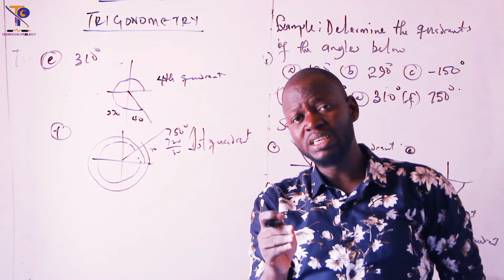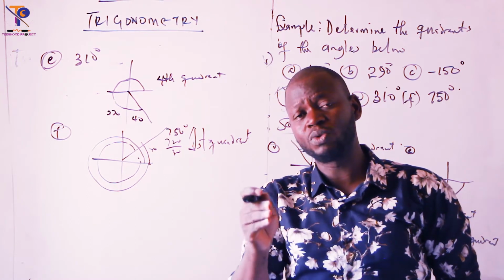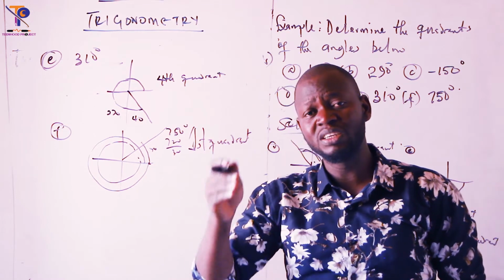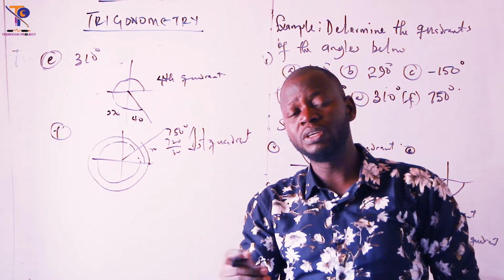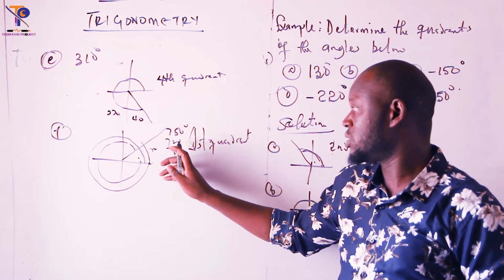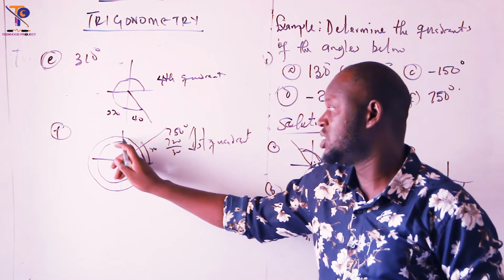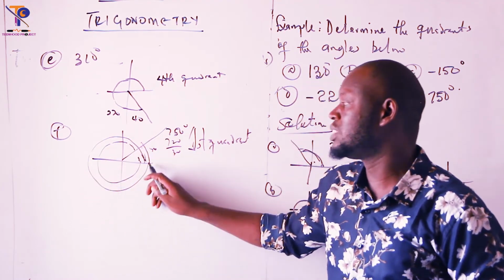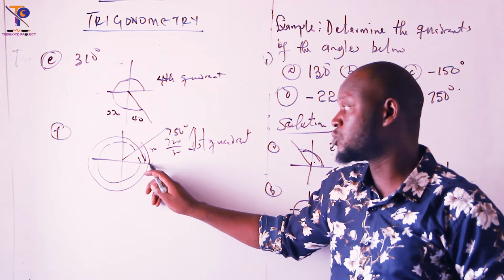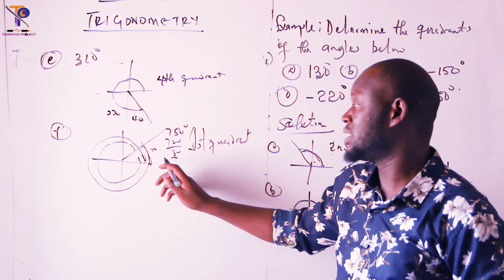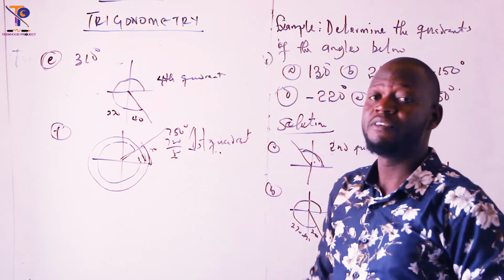Anything like 721, 722, 900, 1000 is on the third revolution. So we finish the first revolution, 360 degrees, then we go again to 720 degrees, then we move again to add 30. That was why we got 30, and our 30 falls on the first quadrant.